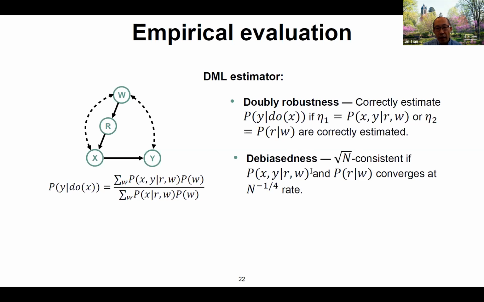And it satisfies the debiasedness property. That is, even if all those nuisances converge at N^(1/4) rate, the overall estimate can still achieve square root N consistency.